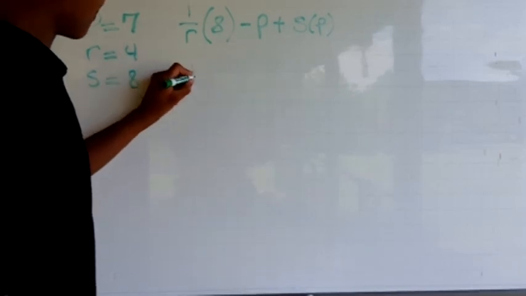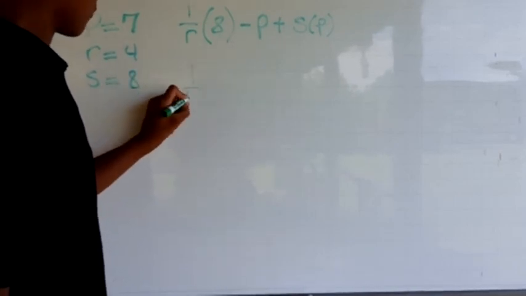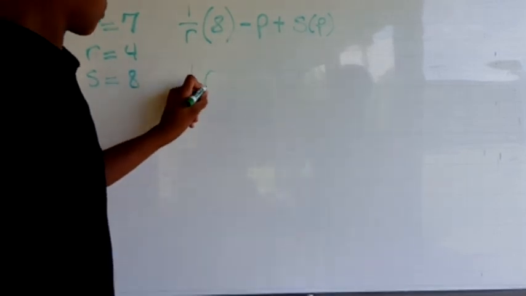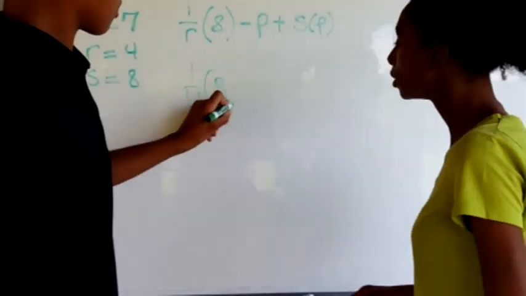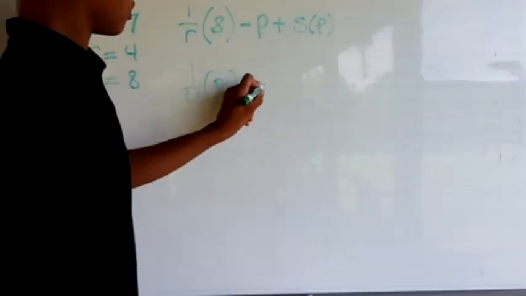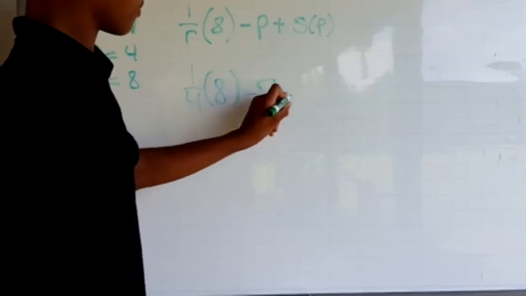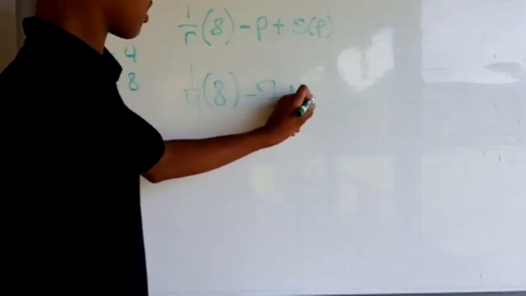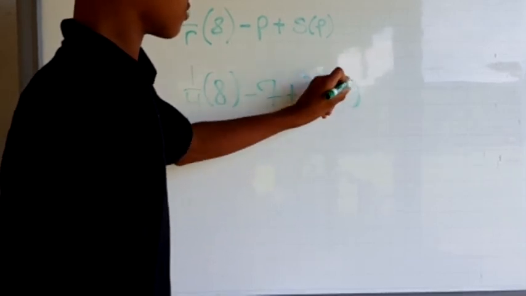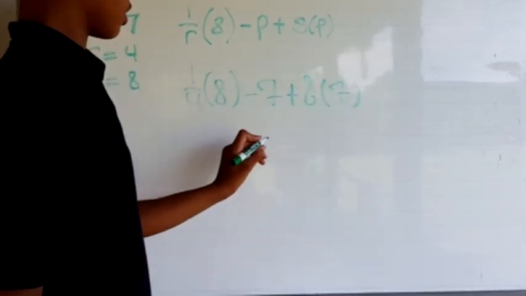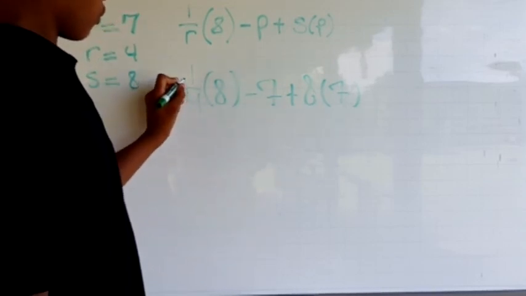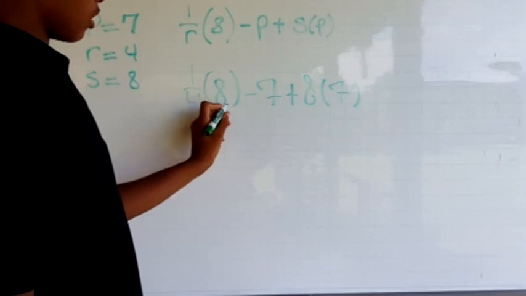So it's gonna be 4 times 8 minus 7 plus 8 times 7. So you go ahead and do multiplication from left to right. You could go ahead and change the 8 to 8 over 1.